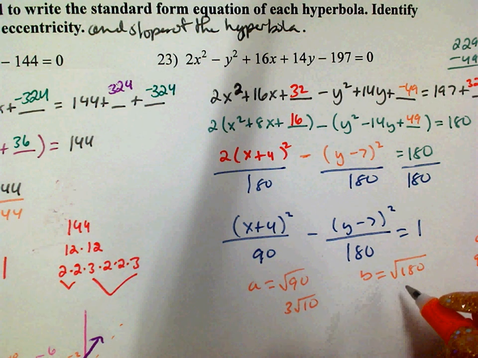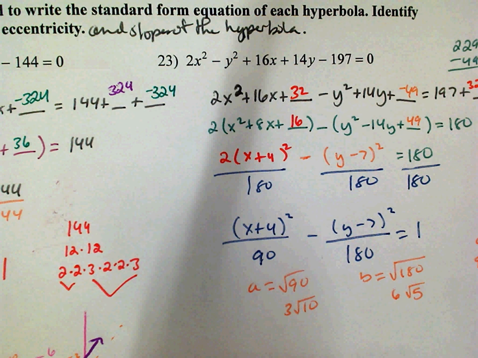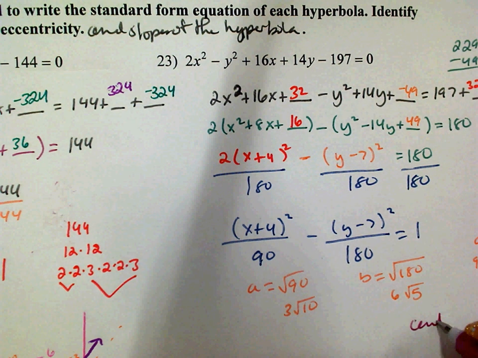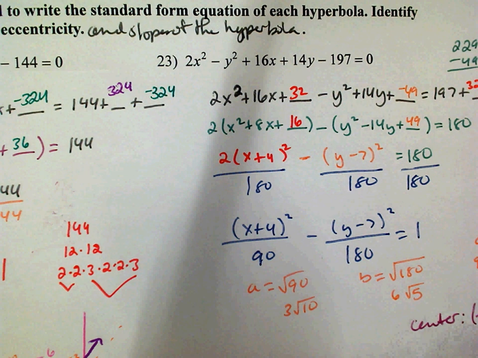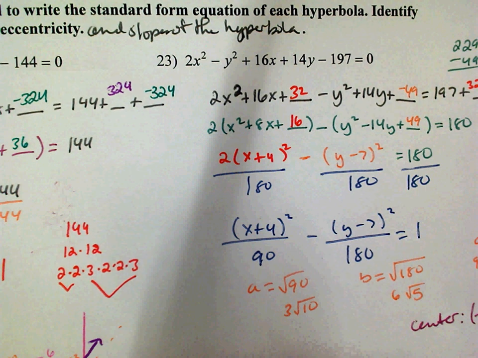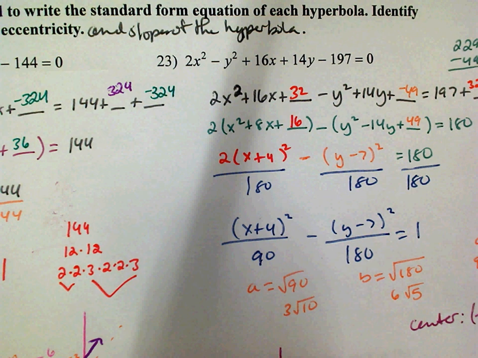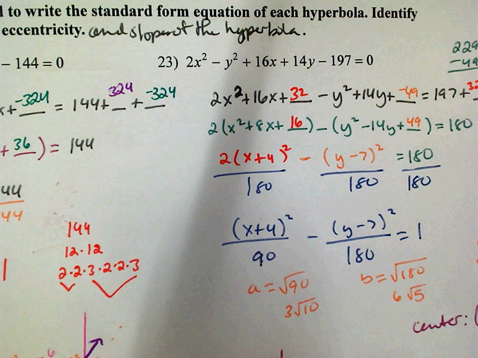So my center is the coordinate point, again, x first, so negative 4 and then positive 7. There's my center. And this is a horizontally aligned hyperbola, not ellipse, because the x is first.